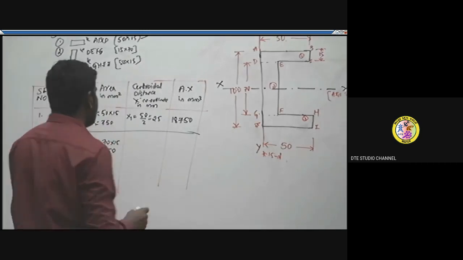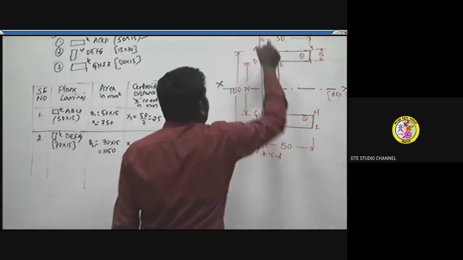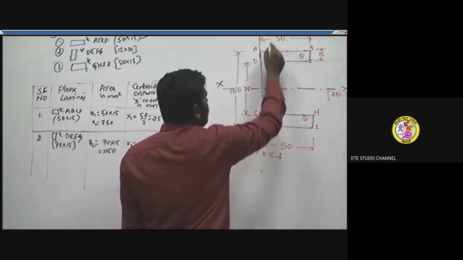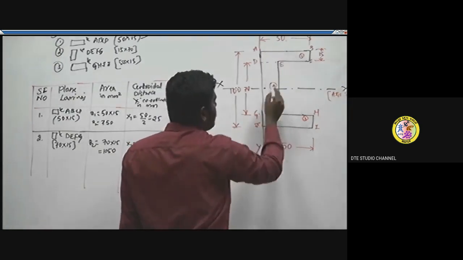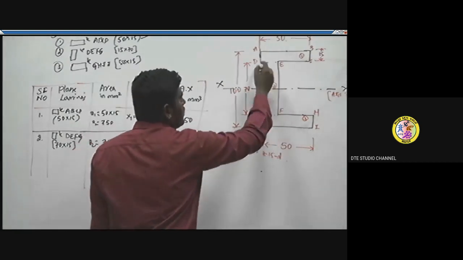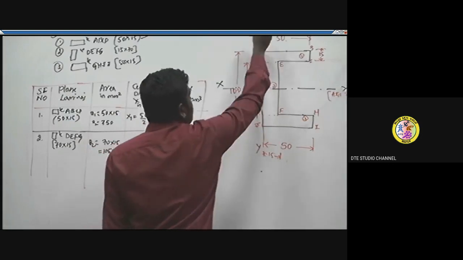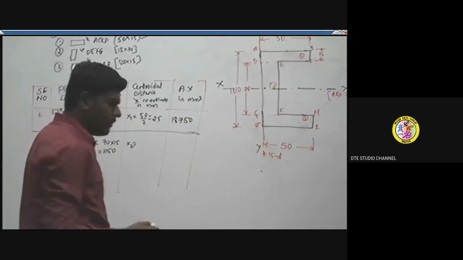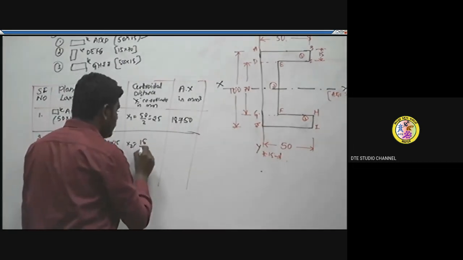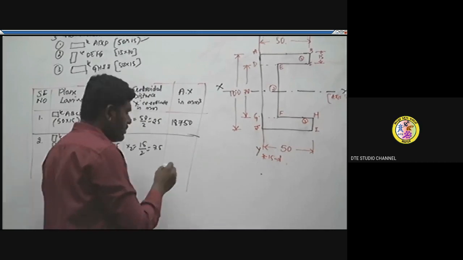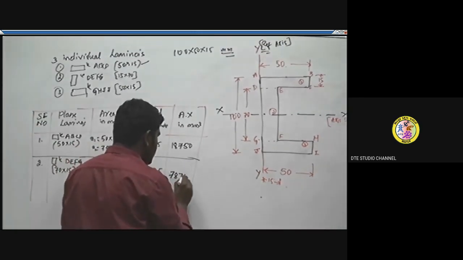Its centroidal distance from the reference axis y1 is equal to half of its breadth, that is 15 by 2. The breadth, I mean the length, is given as 15. So 15 by 2 is the centroidal distance for this DEFG rectangle about the reference axis y1. X2 is 15 by 2, which is 7.5. The product of these two, A2 into x2, we get by multiplying, as 7875.